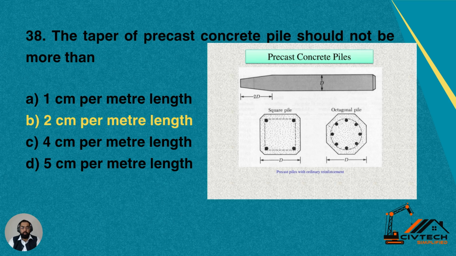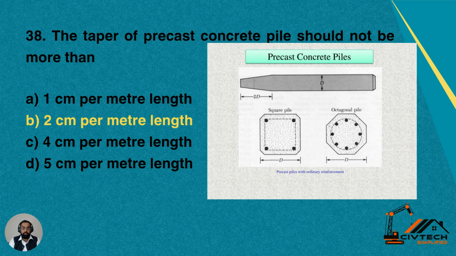Options available are: A, 1 centimeter per meter length; 2 centimeter per meter length; 4 centimeter per meter length; 5 centimeter per meter length. As a thumb rule, we normally take it as 2 centimeter per meter length of the pile.